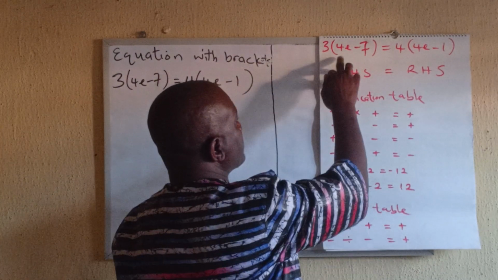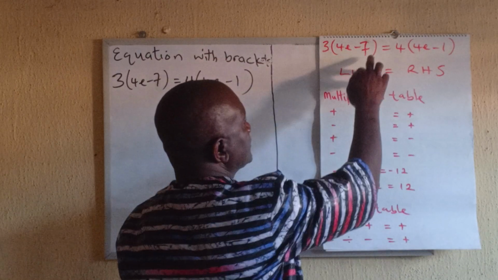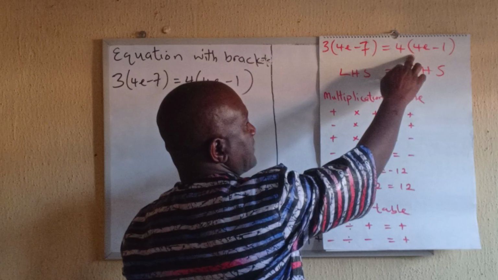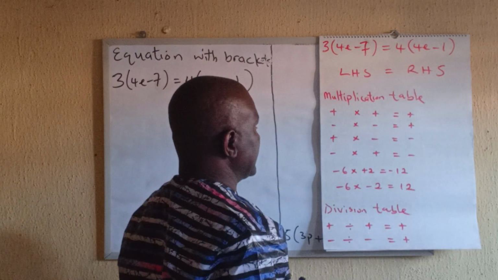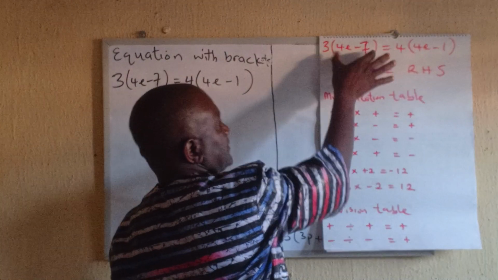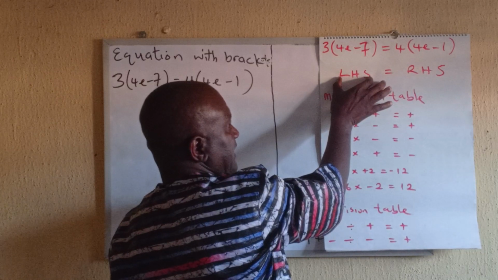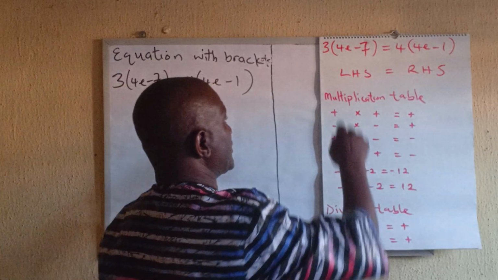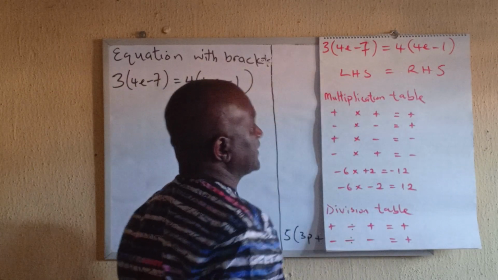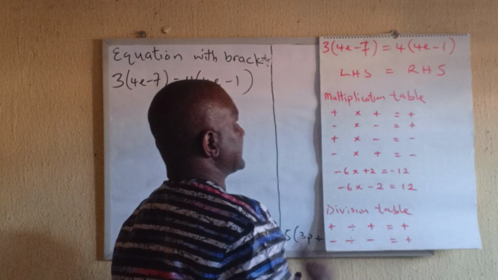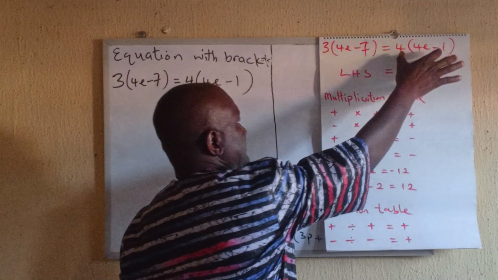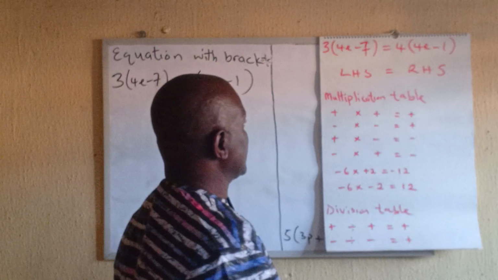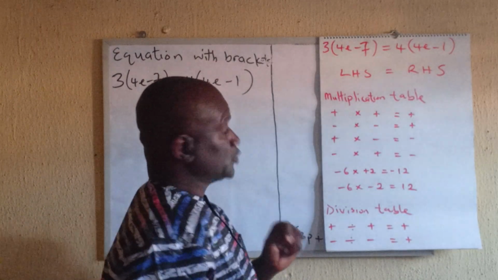This is 3 open bracket 4e minus 7 close bracket is equal to 4 open bracket 4e minus 1 close bracket. And we said that this side is the left hand side because it's on my left, and this side is the right hand side because it's on my right. And we also established that left hand side is equal to right hand side. That means this left hand side and this right hand side are equal. So we are expected to find the value of e now, which is the unknown.